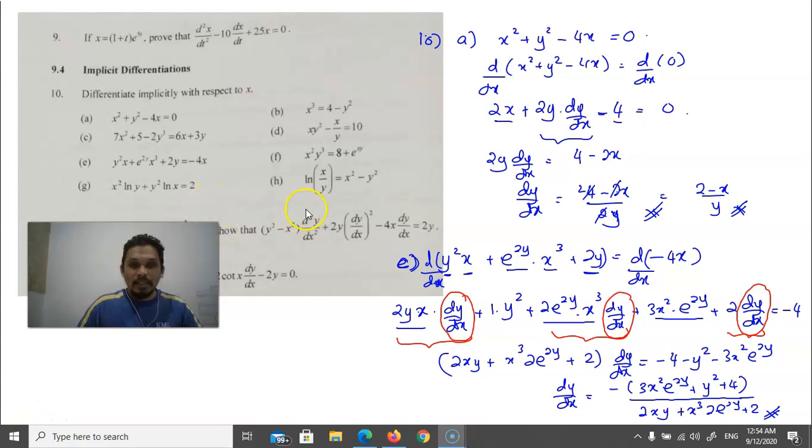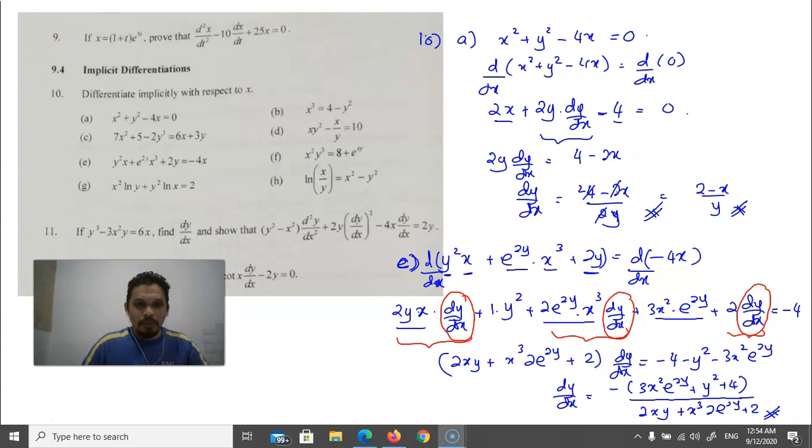Okay, class, I'm not going to show the solution for question number 11 and 12, because what you need to solve these questions is the basics of differentiating x and y with respect to x.